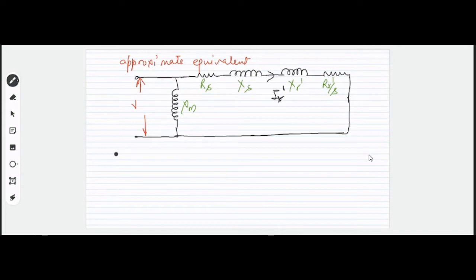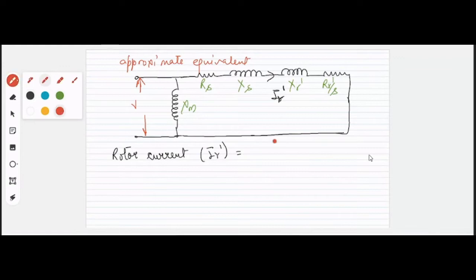So we have derived that the rotor current Ir dash, referred to the stator side, will be equal to V, because V is the applied voltage, divided by the impedance of this branch. That will be equal to Rs plus Rr dash by s plus j times Xs plus Xr dash.